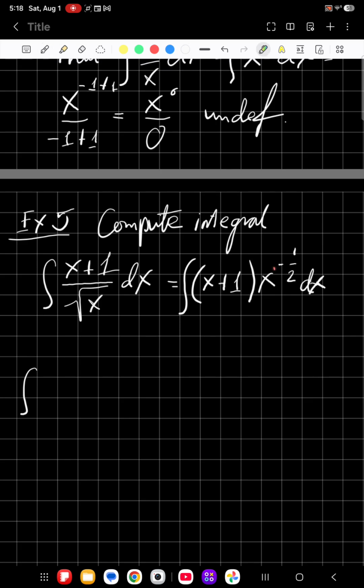I'm distributing that x to the -1/2 power to x first. Right, so I have the same variable, so I can add the exponents. So it's going to be 1 plus this, so it's going to be x to 1/2.